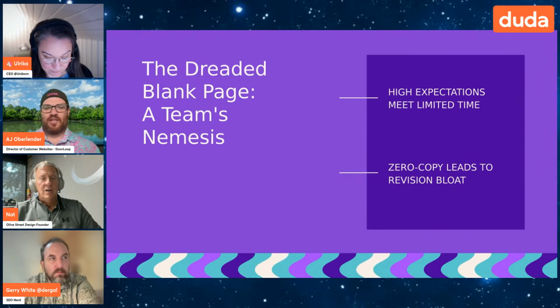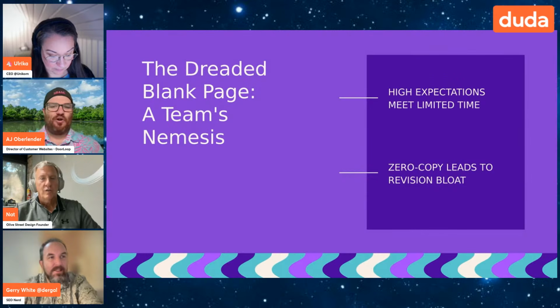And so it really helped us with essentially the dreaded blank page. What do you do when somebody says, hey, you're the professional, I want you to create something for me, and they don't really give you a whole lot of advising. They just say, put something together.